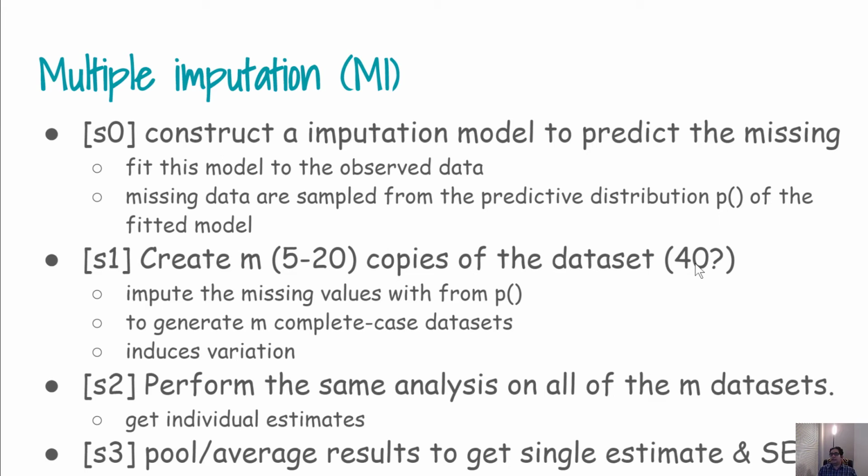Say for our case we go with 5 copies, and in each of these 5 datasets we impute the missing values from the predictive distribution from the fitted model. So this is not just one value, it is a distribution, and from that distribution we impute sampled values to replace our missing values.